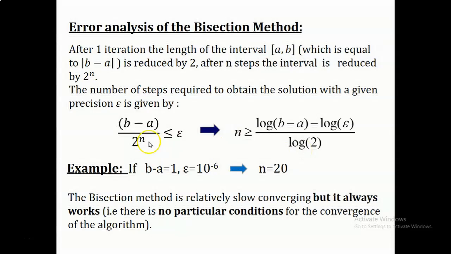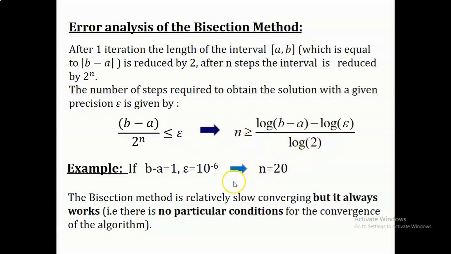To find this expression, you just write 2^n equal to exp(n log 2), and then you take the logarithm on both sides, and you get this expression.